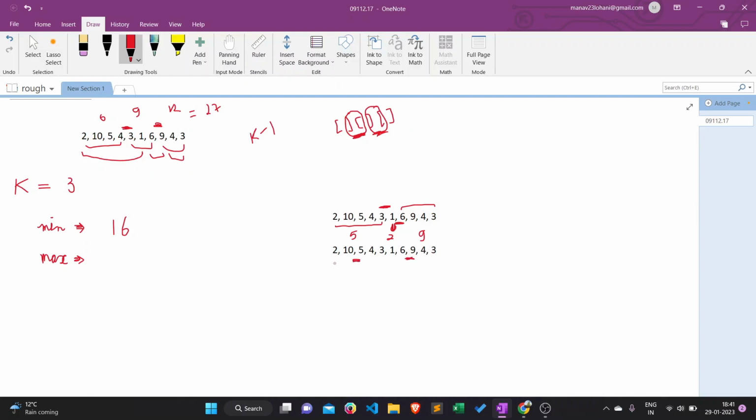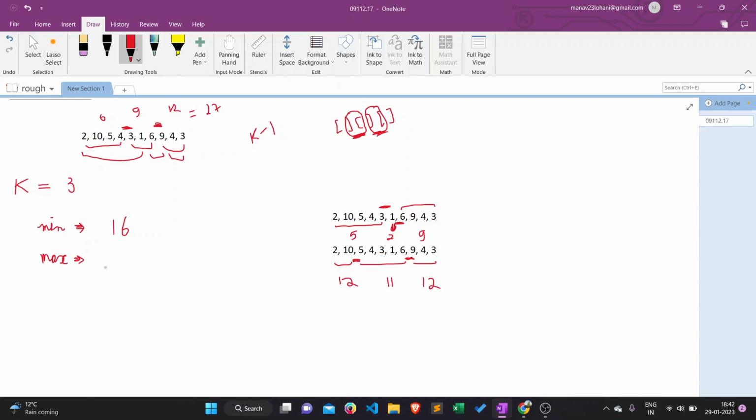So you can make subarrays from 1 to 10, then 5 to 6, and then 9 to 3. So here the sum will be 2 plus 10, 12, then 5 plus 6, 11, and this part 9 plus 3, 12.